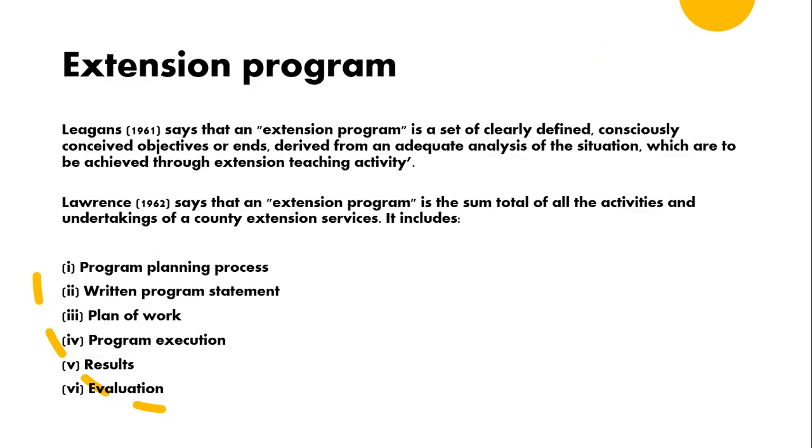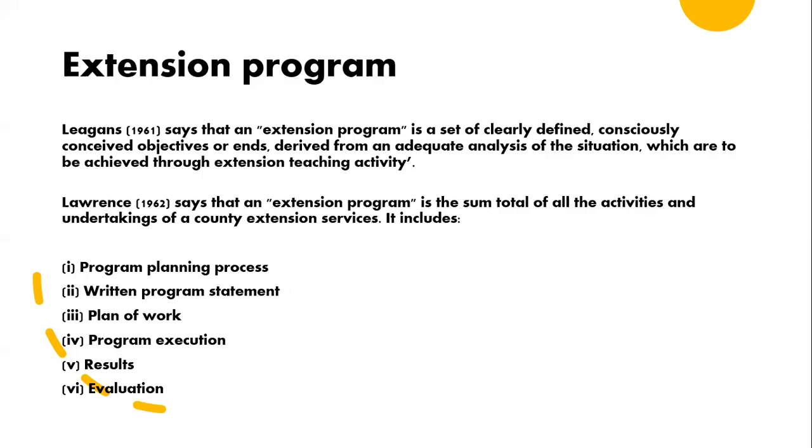That means there are clearly defined activities, and the objective is defined with a pursued target. Lawrence, in 1962, says an extension program is the sum total of all the activities and undertakings of the county extension service. So there are a lot of definitions related to extension programs. You can keep these two, Langans and Lawrence, along with the USDA one.